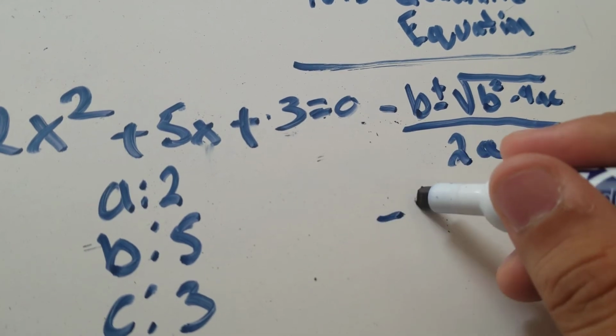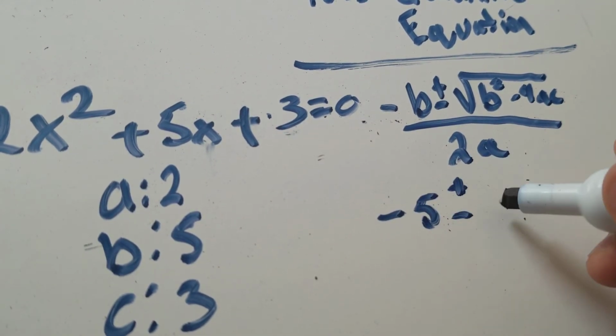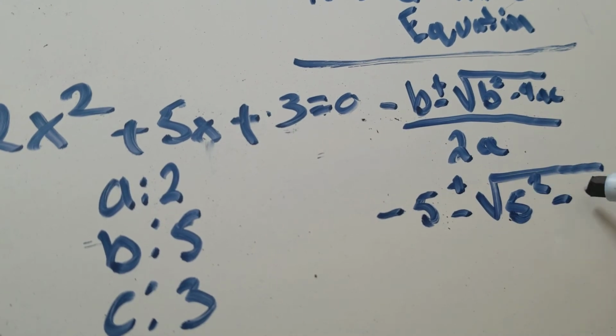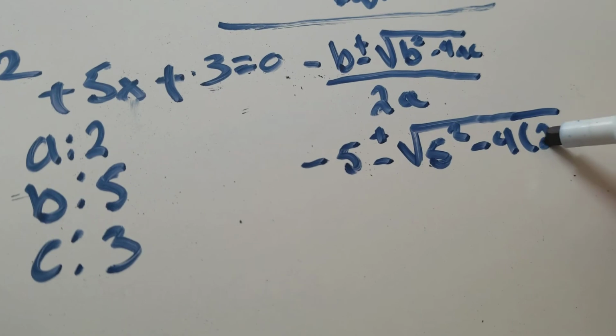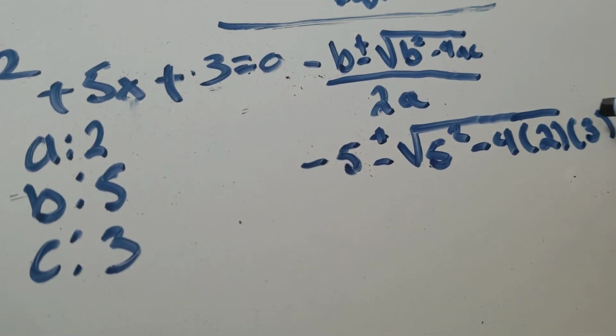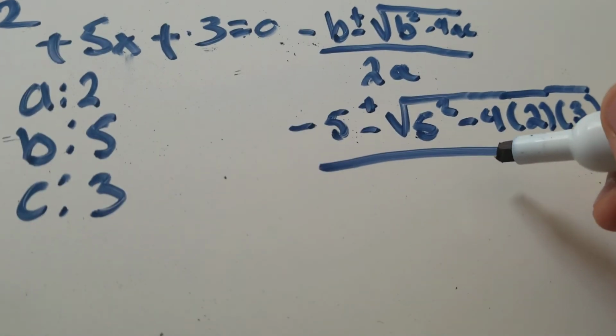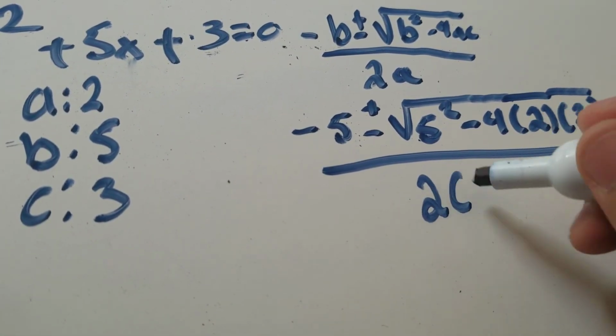So we got negative 5 plus or minus the square root of 5 squared minus 4 times 2 times 3, all over 2 times a, which is also 2.